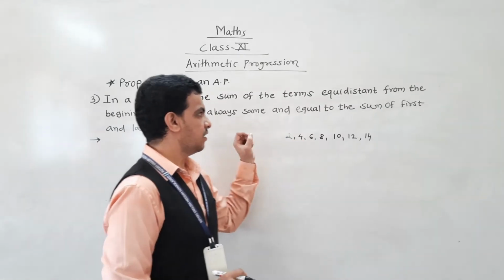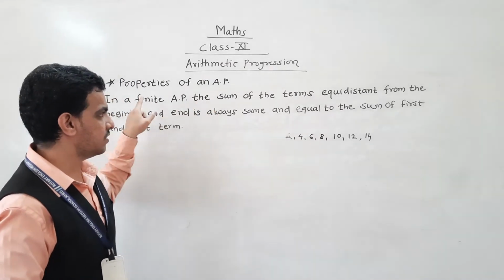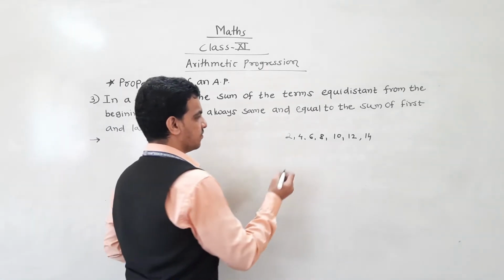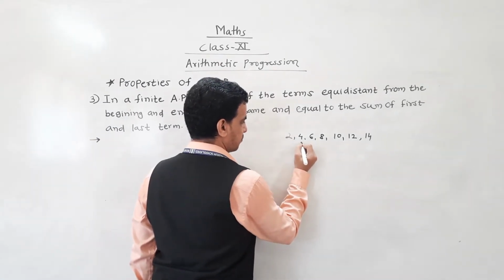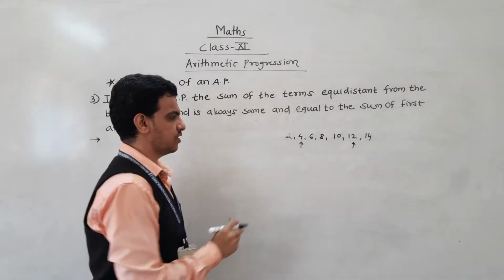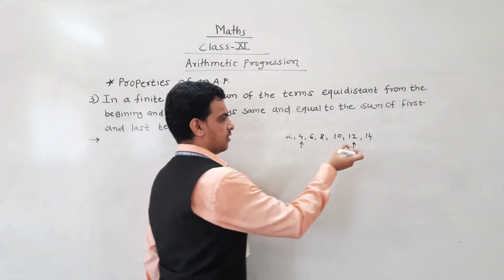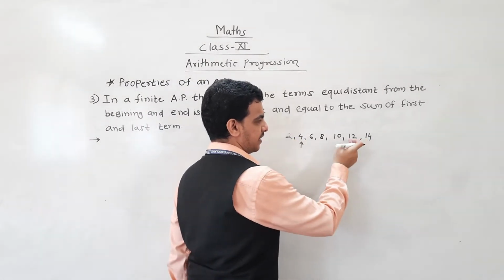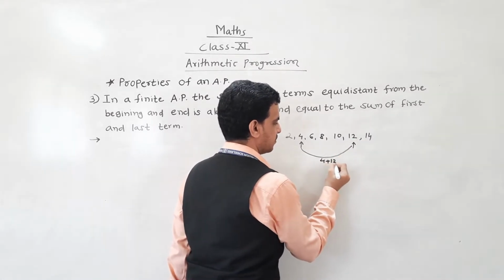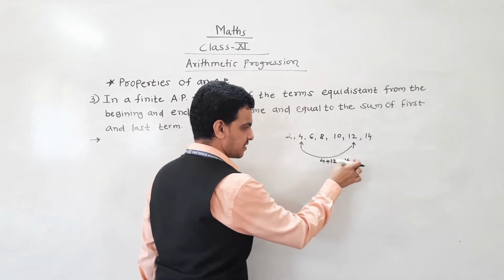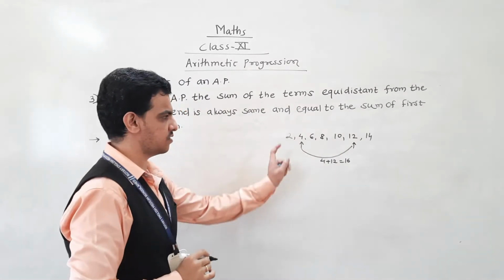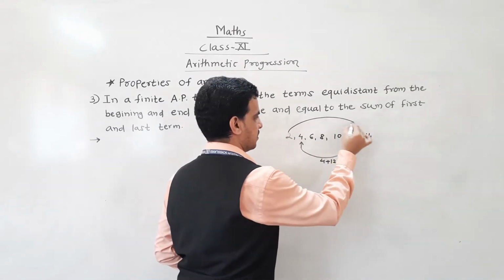Taking the second term from the beginning and the second term from the end, that is 4 and 12, the addition is 16. This sum is equal to the sum of the first and last term, 14 plus 2, which is also 16.